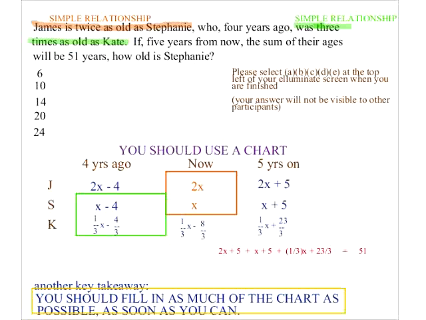So if you've got 3 times this, you want to do 3 times this as well. Now you've got something you can solve. So that's 6X plus 15 plus 3X plus 15 plus X plus 23 equals 153. So this is 10X plus 53 equals 153, so 10X equals 100, X equals 10.